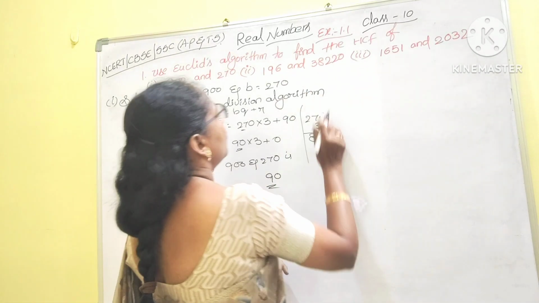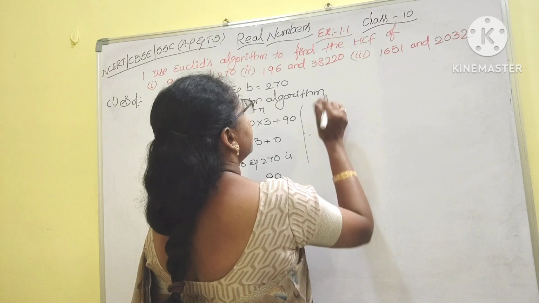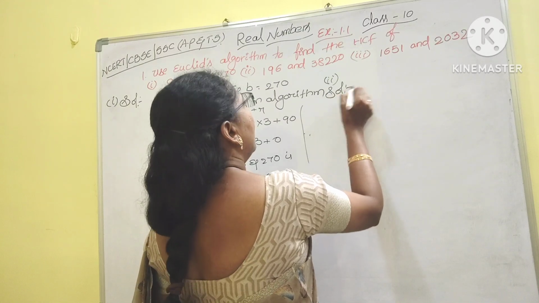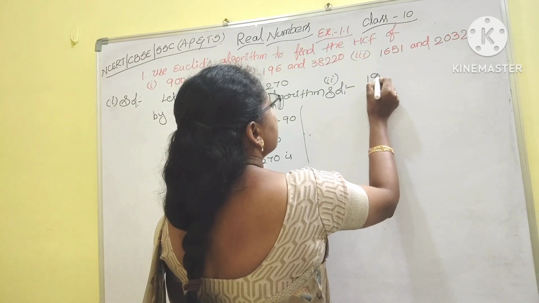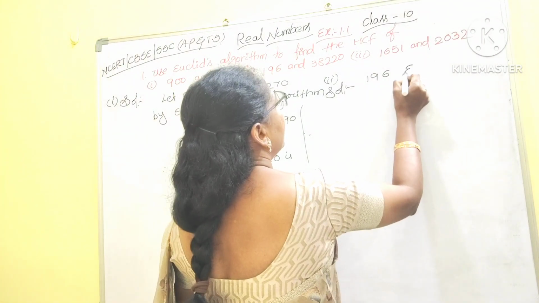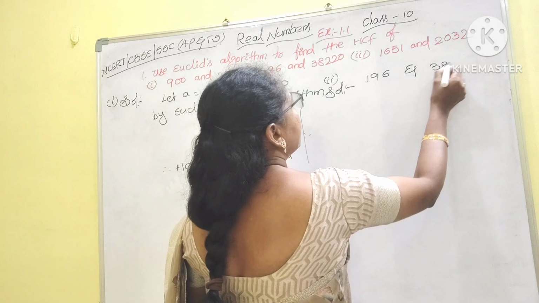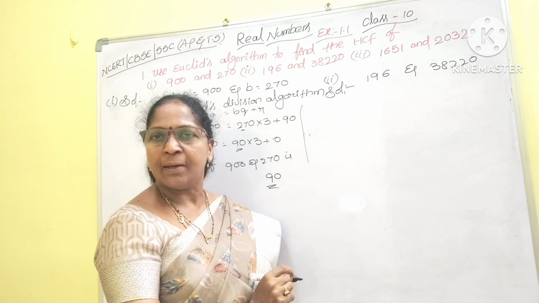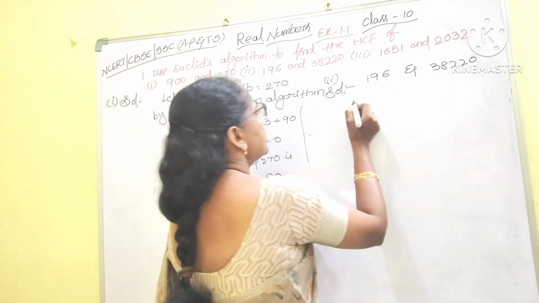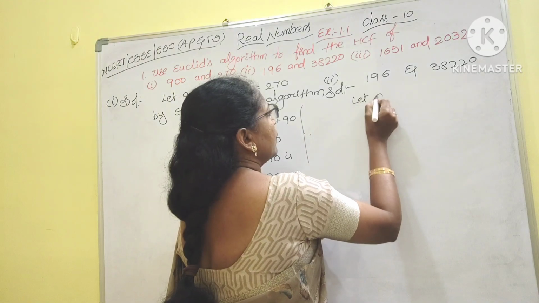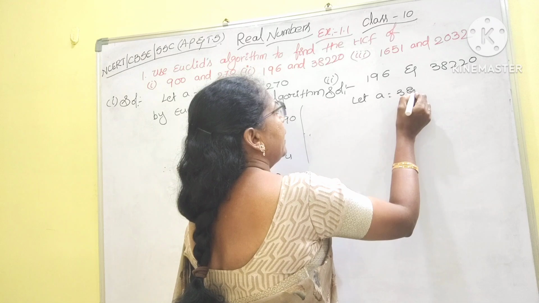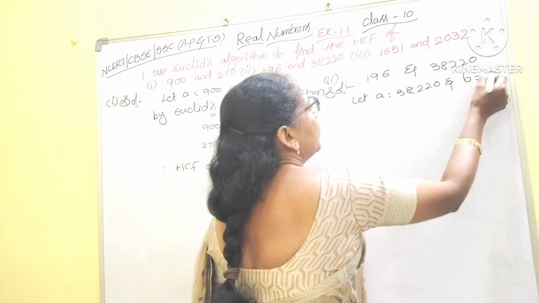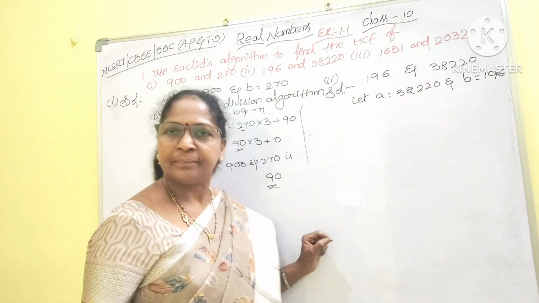Now the second one. What is the solution of the second one? Just see here: 196 and 38,220. These two are the given numbers. Let A equal 38,220 and B equal 196.